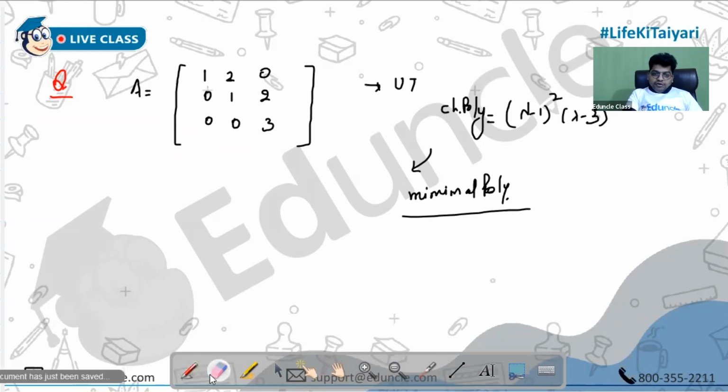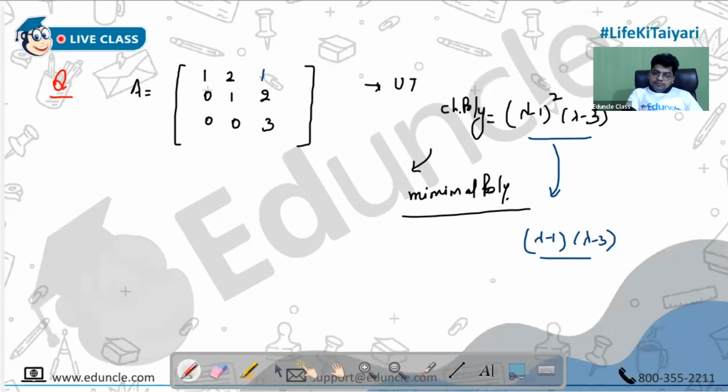I am not making this one zero here; I am giving 1 here. The minimal polynomial possibility is only 2. One will be this, and the second one you can check: (lambda minus 1), (lambda minus 2), (lambda minus 3). So you have to check only this. If this is not, then this is the answer. If this is yes, then this is the only answer.